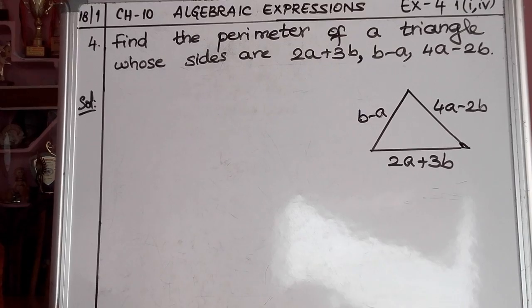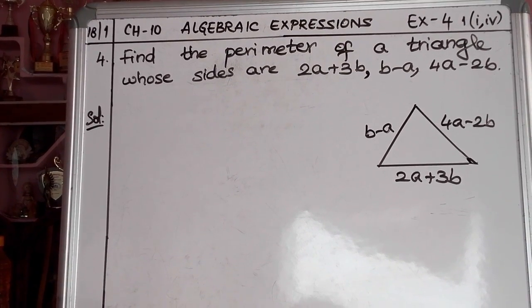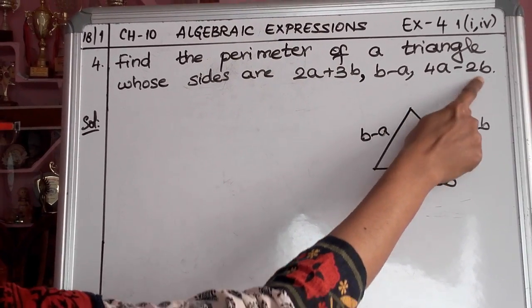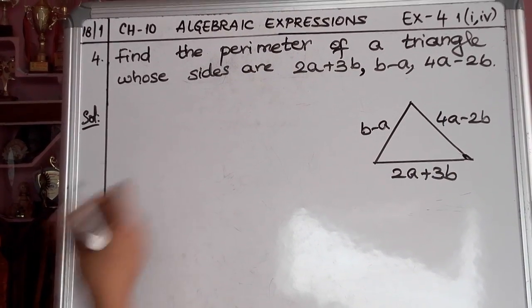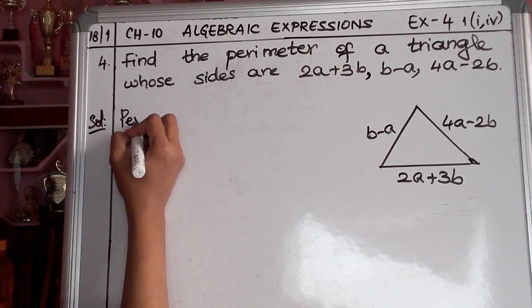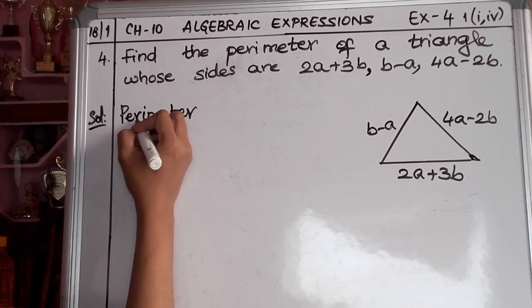Now let us do the fourth problem. Find the perimeter of a triangle whose sides are 2a plus 3b, b minus a, 4a minus 2b. So how to find out the perimeter? Perimeter is nothing but the sum of the sides of the boundaries.